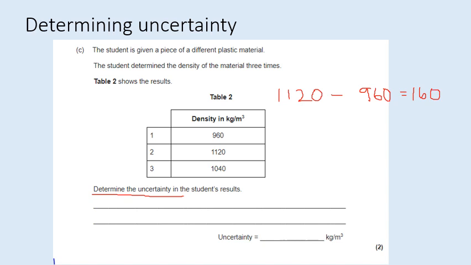So in order to calculate the uncertainty, which is what we've been asked to do, we would then divide the value for the range, which is 160, by 2, and that will give us an answer of 80. So in the answer box, you would say that the uncertainty of that data around the mean is plus or minus 80 kilograms per meter cubed.